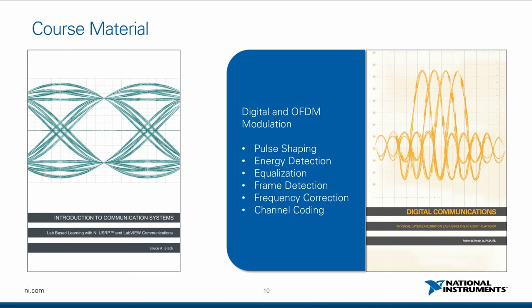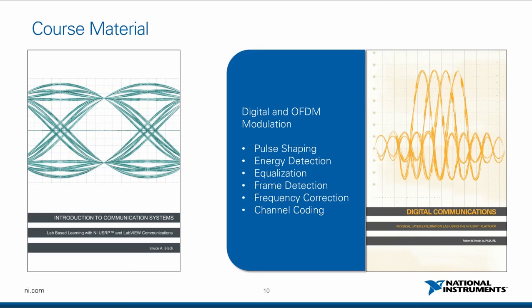This course is targeted further up the curriculum and is suitable for, say, final year undergraduates with some previous LabVIEW and wireless communications exposure, or maybe for a master's course focusing on communications engineering, for example.